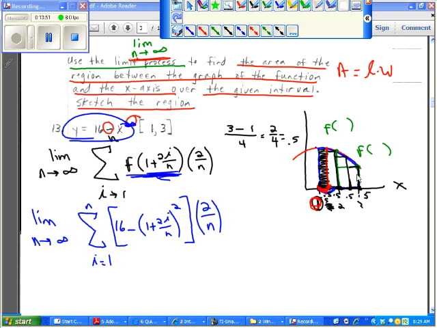So we could think of this as the limit as n approaches infinity of 2 over n times the summation as i runs from 1 to n of 16 minus 1 plus 2i over n squared.